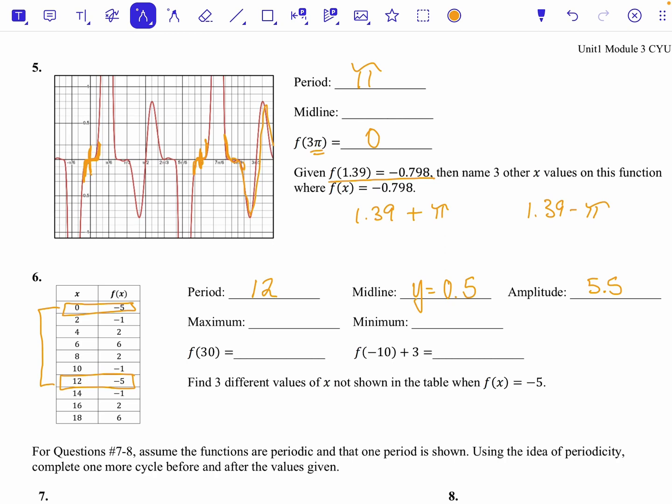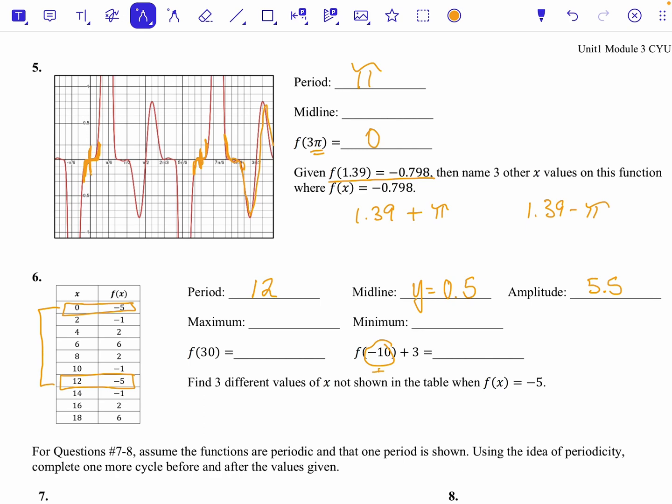Midlines can occur at all sorts of places, depending on the function. The only one that might look a little different here, you'll notice, we're asked about when the input is -10 and then we wanted to add 3, we're shifting it up 3.